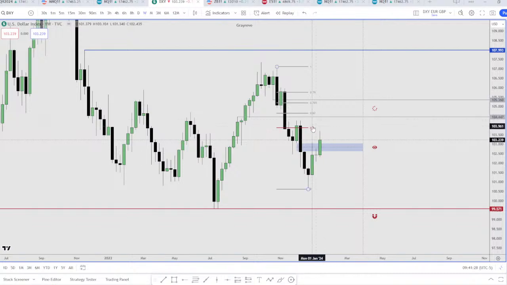Okay, that's my take on dollar. Initially I was looking for this fair value gap here to send the price lower, but right now that's becoming very unlikely due to the fact that it has closed above it.